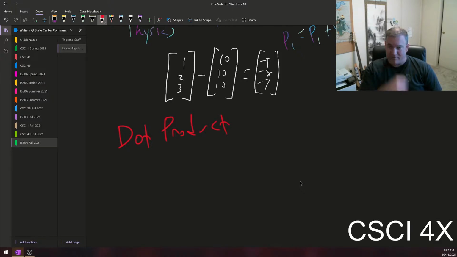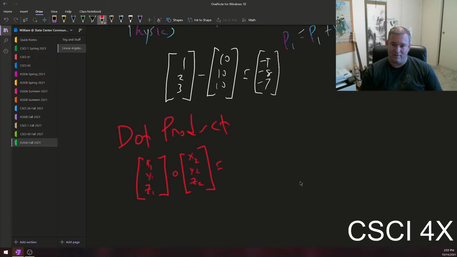So dot product is drawn with a little circle like that. So it's called a dot product. You might see this sometimes used for multiplication. There's probably a reason for that, because it is multiplication kind of. So the answer of this is not actually a vector.